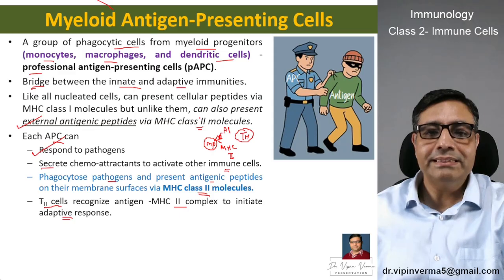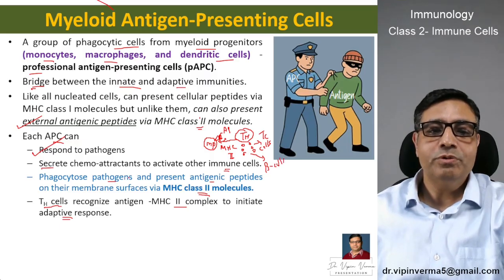The T helper cells have the receptor to find out whether the MHC2 molecule with the antigen is there or not. The moment they come to know, they start secreting cytokines. And these cytokines can activate the TC cells and the B cells.